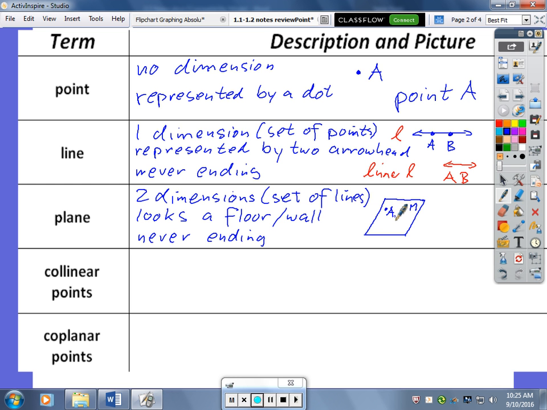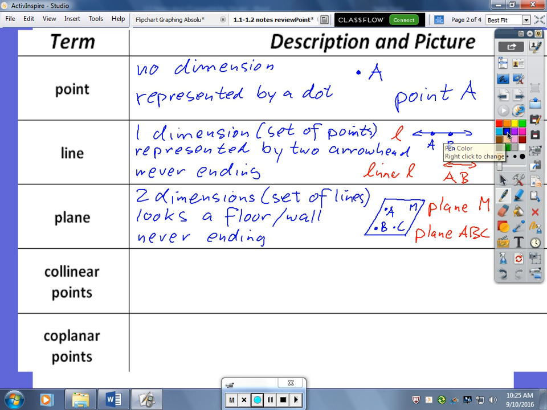Or we can put some points inside of it, and then we could either call this plane M or plane ABC.